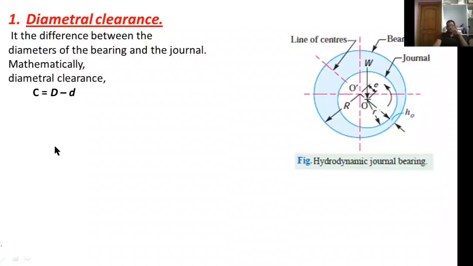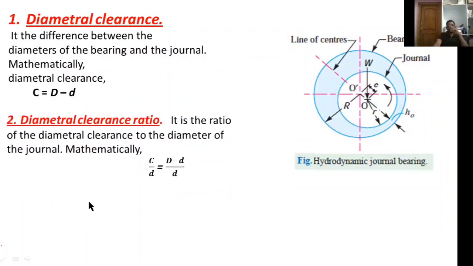The next one is diametral clearance ratio. It is the ratio of diametral clearance to the diameter of the shaft.